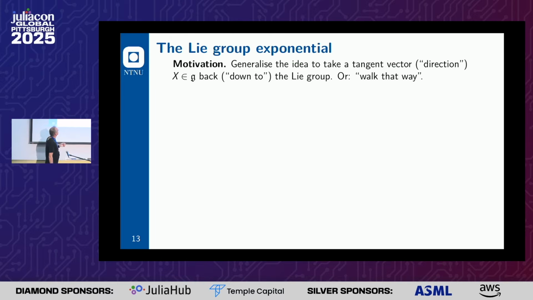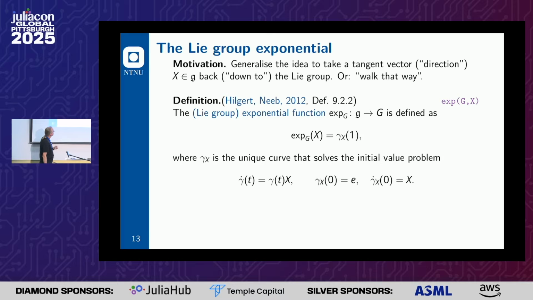Okay, then we want to walk around. So we talked about looking directions. What if I want to walk that way? And there's one nice definition on Lie groups, namely the Lie group exponential. And that just says, let's take a curve that realizes the left-invariant vector field. So gamma of t is a point on my Lie group, times X should be the derivative.